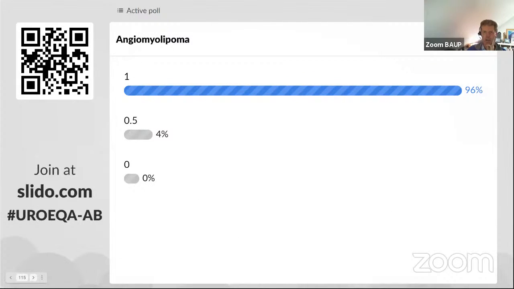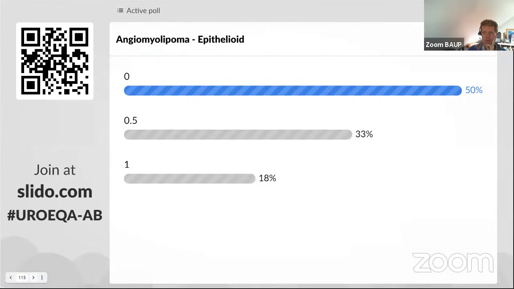So AML gets 1, I'm quite sure. Liposarcoma gets 0. How is that going to work? How does this work then, Nick? I'm confused.